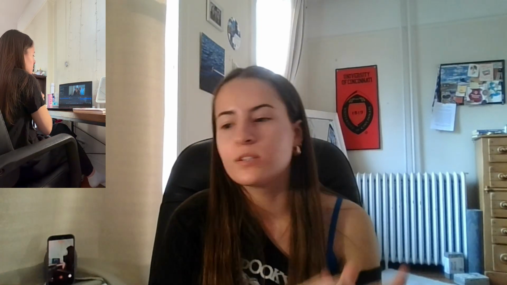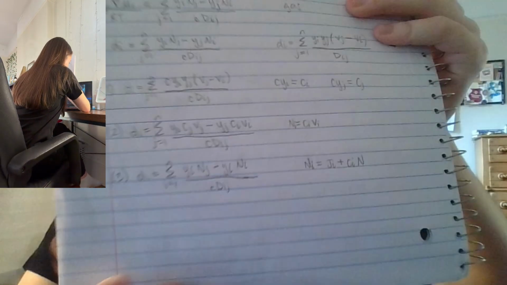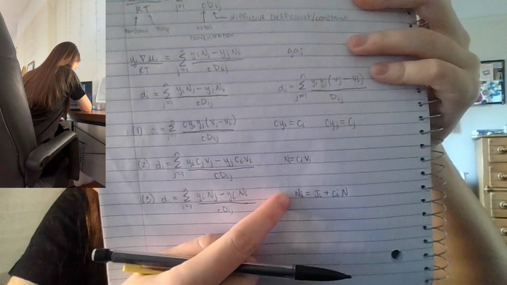Those two are added together because you're considering the flux with the concentration of I plus how the moles are moving too. I explained that really poorly, but this is the equation we're looking at.